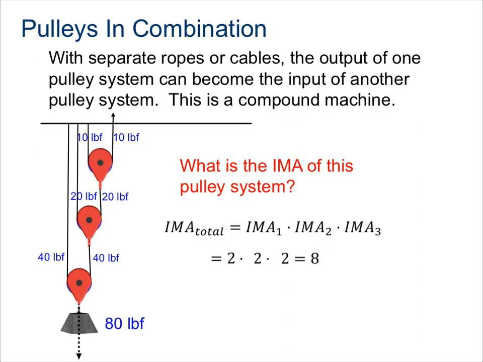Notice all 3 of these pulley systems are movable pulleys. So we have an ideal mechanical advantage of 2, another ideal mechanical advantage of 2, as well as for the third one. So if I multiply those all together, 2 times 2 times 2, the total ideal mechanical advantage of this pulley in combination is 8.